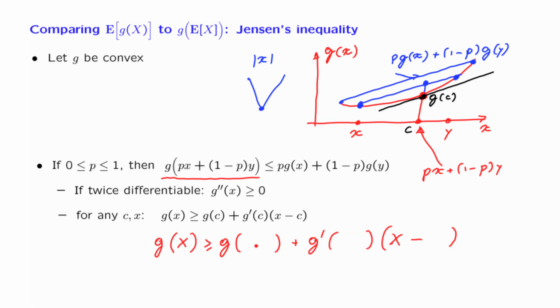No matter what. And here what I left blank is C. Now C is a number. This is true for any number. So in particular it is true if I use as my number the expected value of x.